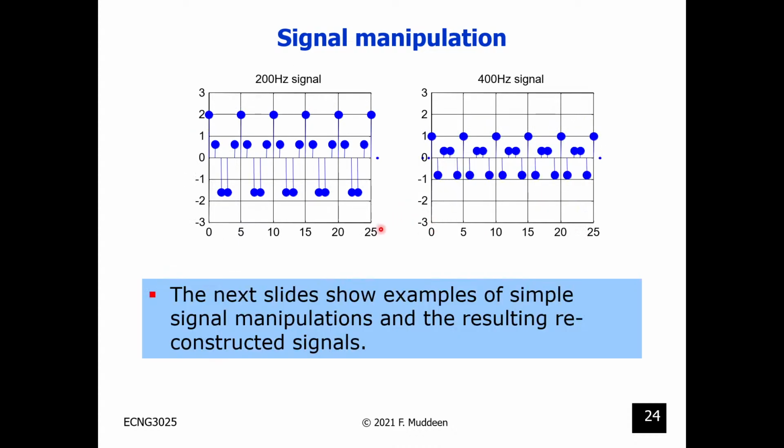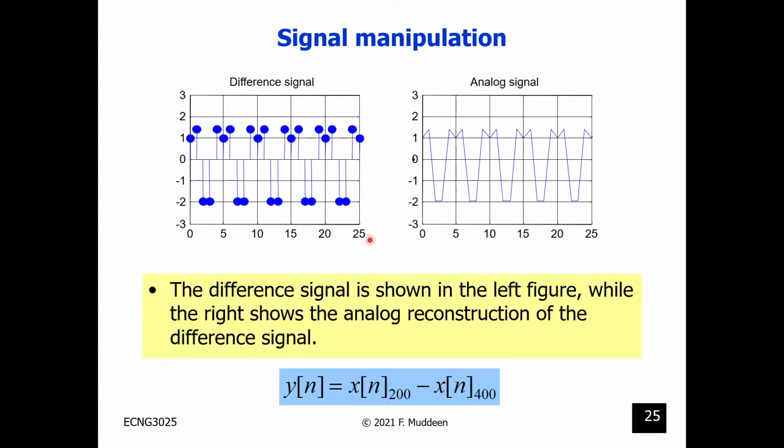So the next few slides are going to show what happens if we try to add and subtract and do some signal manipulation between these two signals. So if we subtract those two signals, we just subtract the magnitude values for each instance of n accordingly. But remember, capital T there, we're going to be ignoring those because the x-axis is with respect to n.